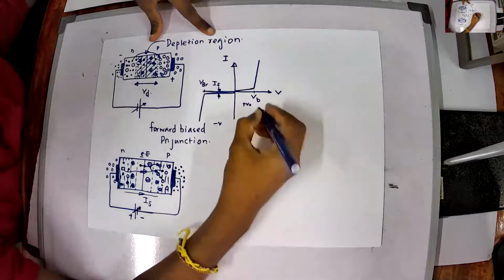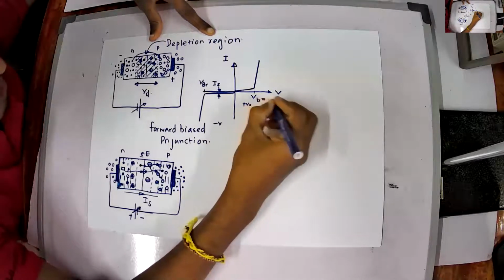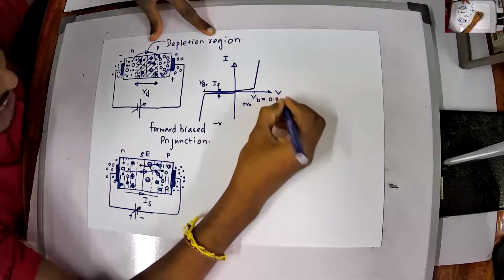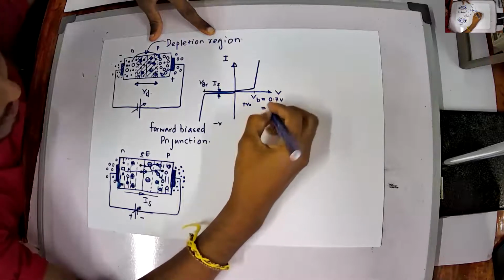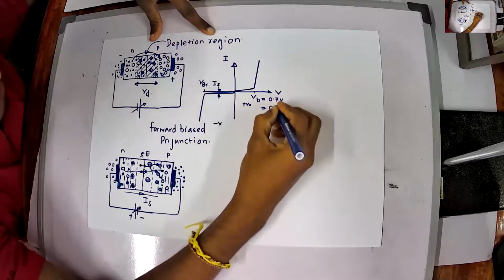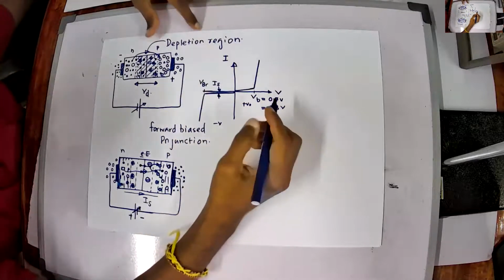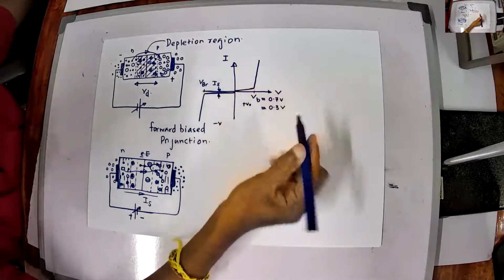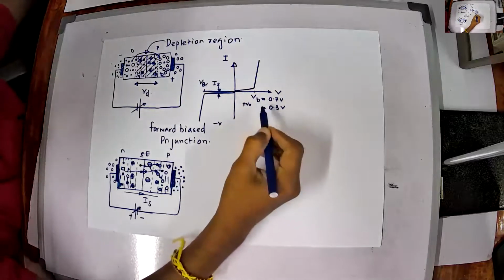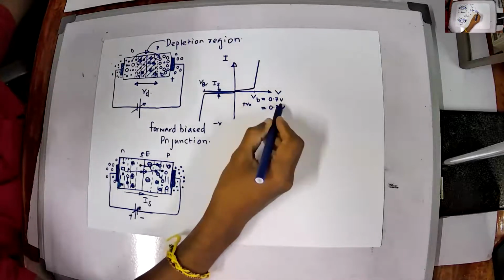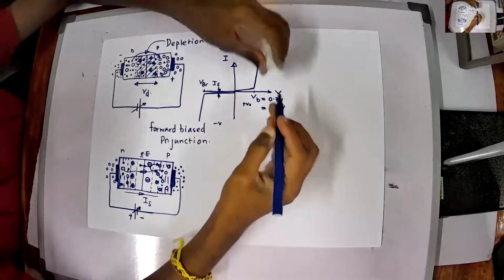For example, for silicon diodes, this will be about 0.7 volt, and for germanium diodes, this will be about 0.3 volt, while the breakdown potential will be higher than 25 volts. So when compared to the forward or barrier potential, the breakdown potential is much higher.